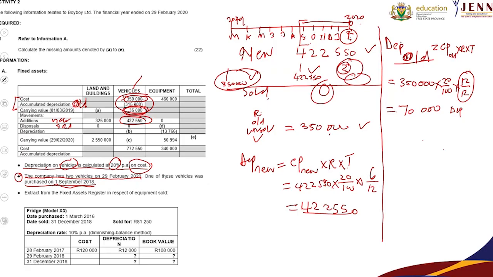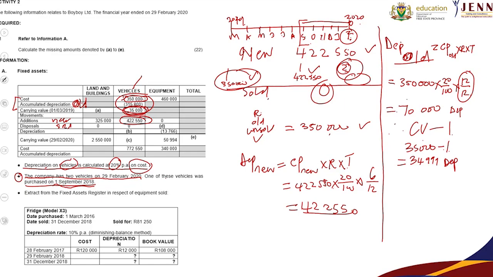Therefore, we do not allow this because it is going to give us a negative figure. Then we say carrying value minus 1. How much is our carrying value? It is 35,000. We subtract 1. Then what are we having now? 34,999. Then we are saying this is the depreciation that we allow the asset to have for this year so that it cannot reach negative.